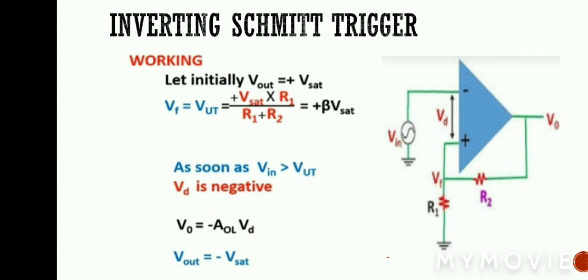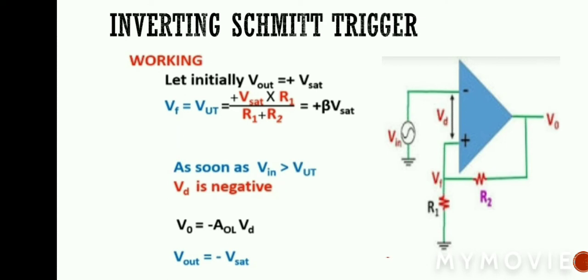Now next is working of Schmitt trigger. Let us assume initially output voltage is at positive Vsat value. So in this condition Vf equals VUT and VUT equals positive Vsat into R1 by R1 plus R2, and this R1 by R1 plus R2 is the feedback factor beta.